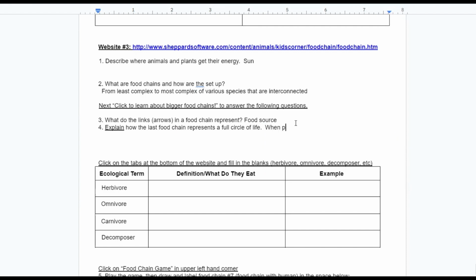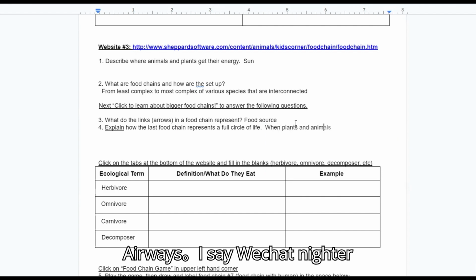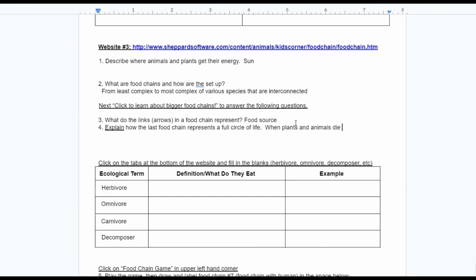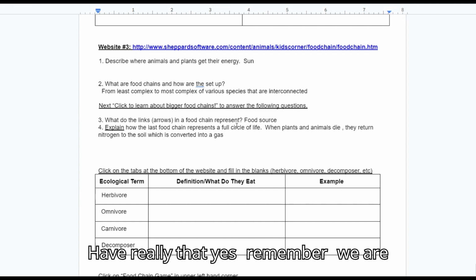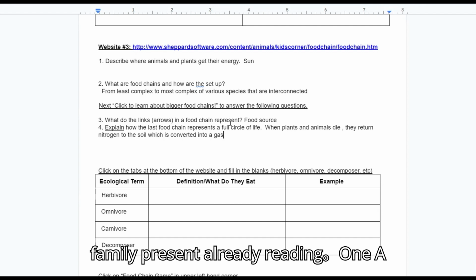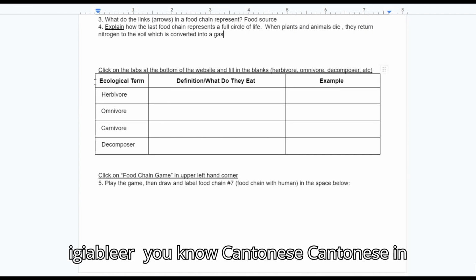When plants and animals die, they return nitrogen to the soil, which is converted into a gas. Okay, and we need that gas. Remember, we have 78% nitrogen in what we're breathing. All right, let's move on to the next one.